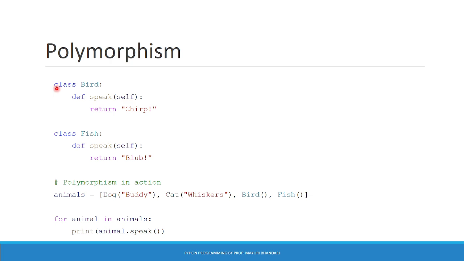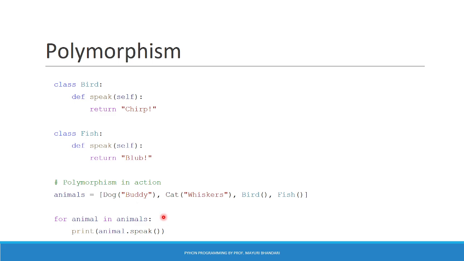Suppose we have a class bird. Inside bird we have a speak method. Inside fish we have a speak method. Okay, and now how is polymorphism used? Here we are creating the instances of the class.